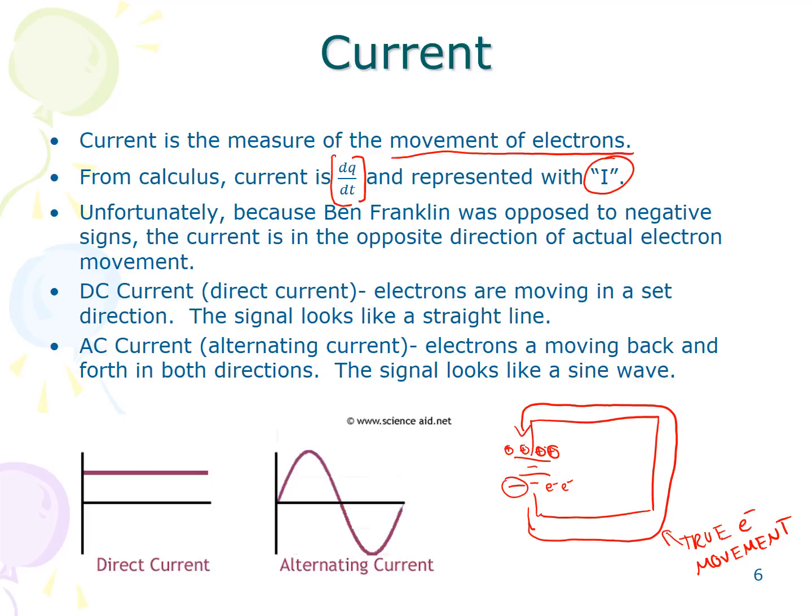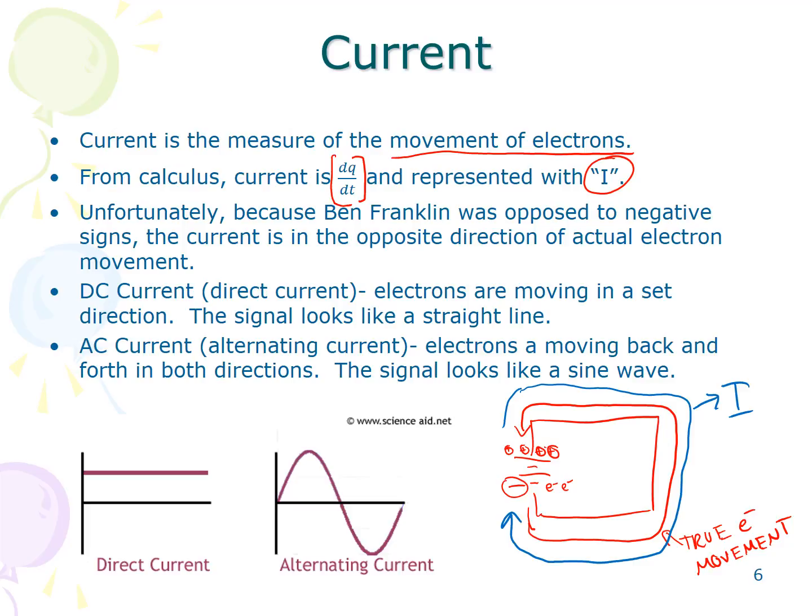In all reality, Ben Franklin had this brilliant notion: let's confuse everyone and say that current is actually in the equal and opposite direction. So I'm going to do this in blue, where blue is my actual current. Blue is going to flow this way from the positive terminal, and that's actually what I is. Red is your true electron movement. I is in the equal and opposite direction as the true electron movement, which is very confusing to a lot of students.